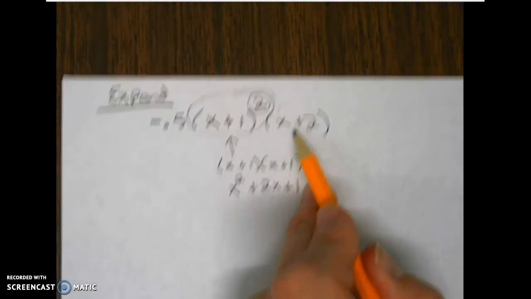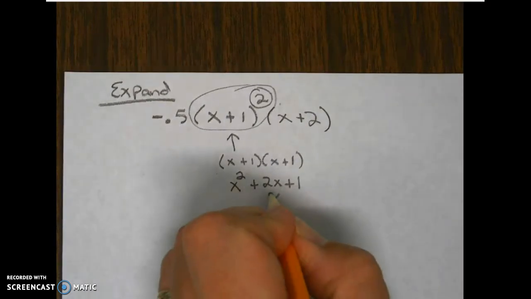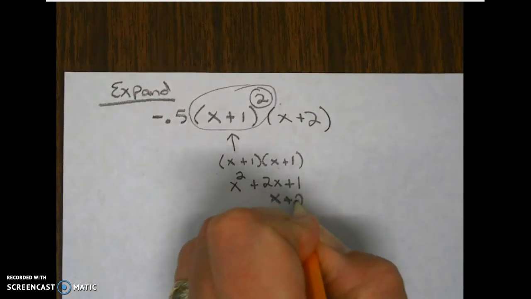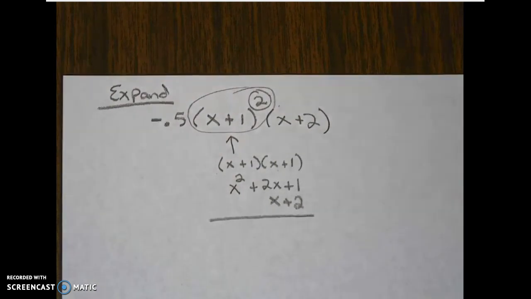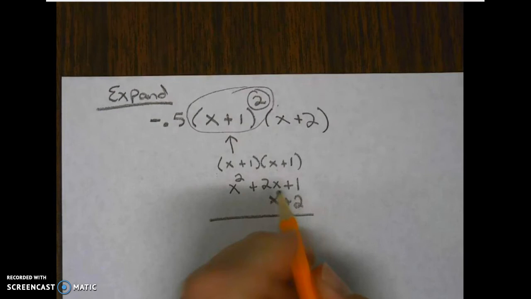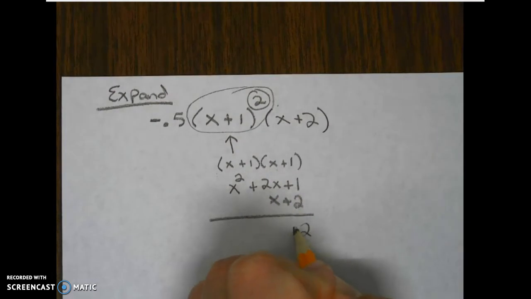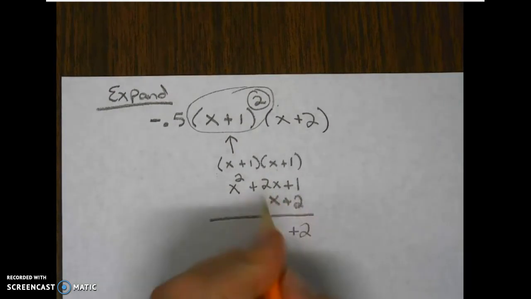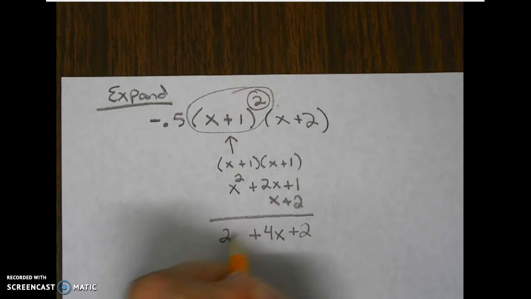Then I'd multiply times x plus 2. So I'm going to line that up right below. Multiplying, starting with the 2. 2 times 1. Put the sign in as a plus. 2 times 2x. Put the sign in as a plus. 2 times x squared.